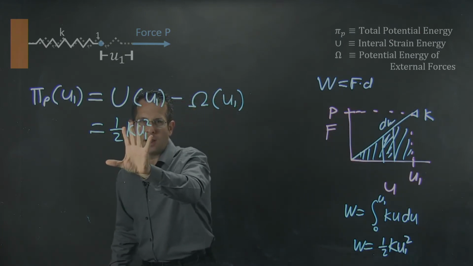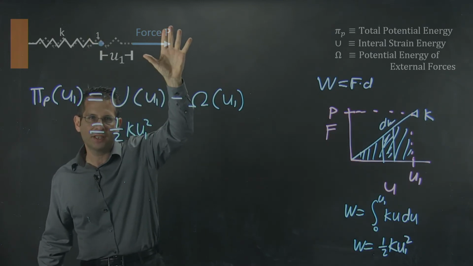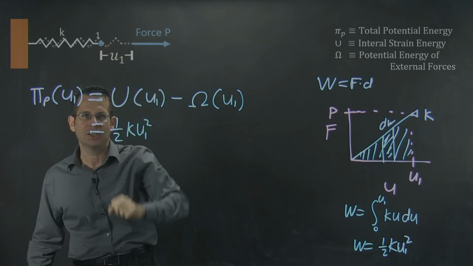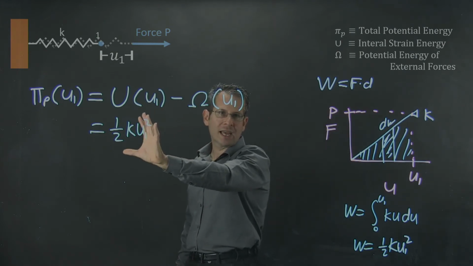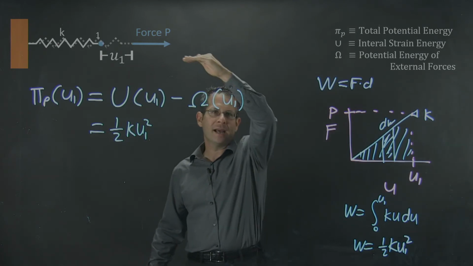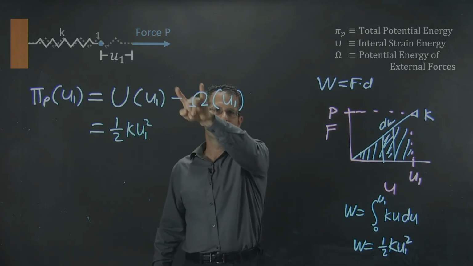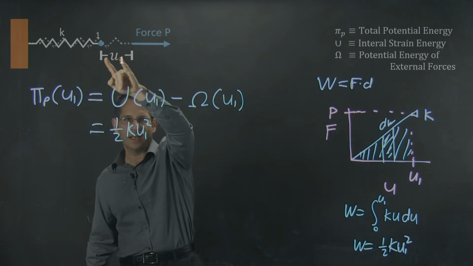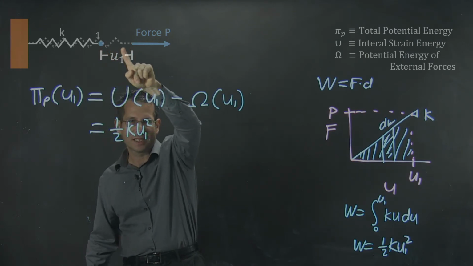Now let's look at the potential energy of external forces. In order for my system to store this potential energy, I need to have this force P acting on it so that this point stays at this location. So that means that that force is being used to create this strain energy. It can't do any work itself because it can't move anything. We have reached steady state. Normally, this force could be used to move a point some distance. It could have moved it from its original position to its original position plus U1.